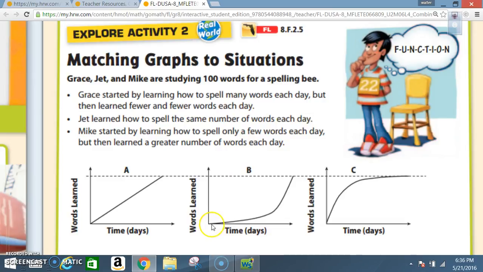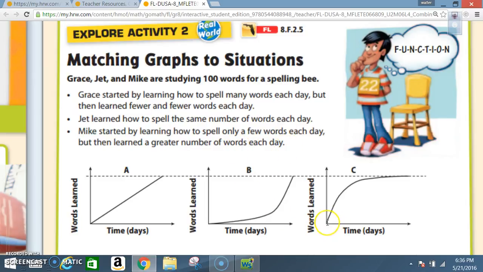Here we have someone that started out kind of slow, but got to a point where they were increasing. That might be Mike. Mike started by learning only a few words each day, but then learned a greater number of words each day.